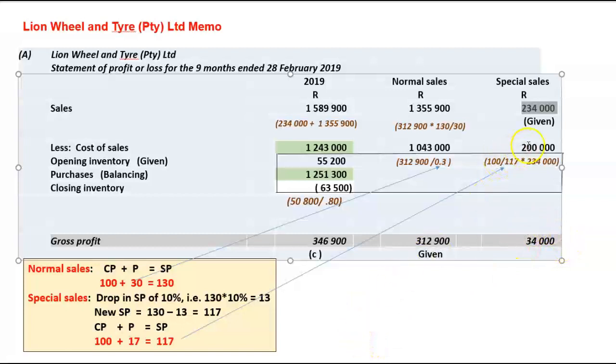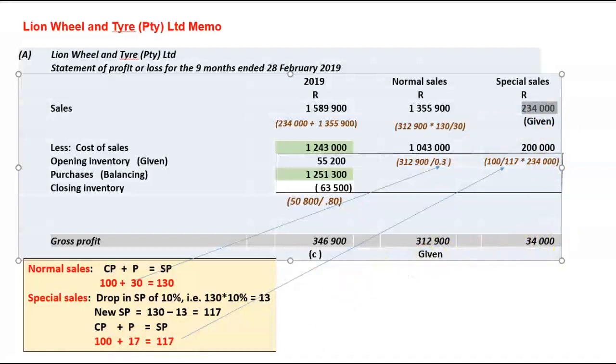So if we want to work out cost of sales, it's 100 divided by 117 multiplied by 234,000, which gives us 200,000. Well, the difference obviously is the gross profit, but I could have worked it out as well because it's 17 divided by 117 multiplied by 234,000, and that would have given me my gross profit of 34,000.